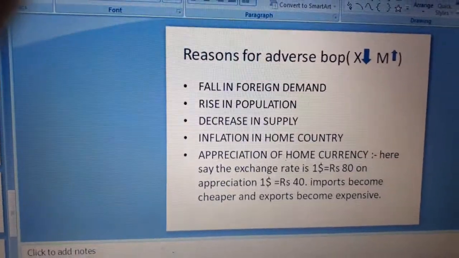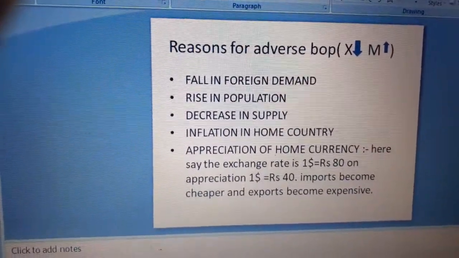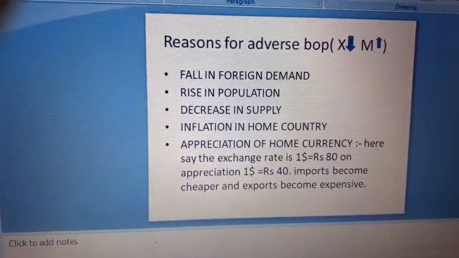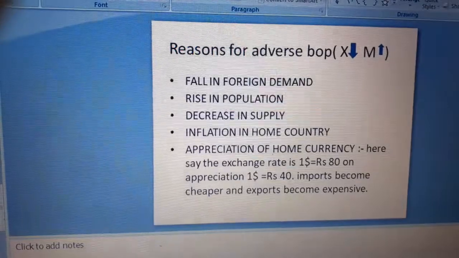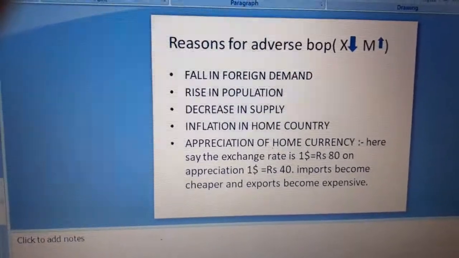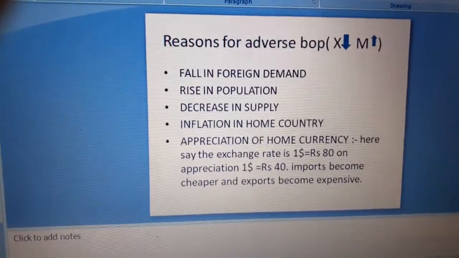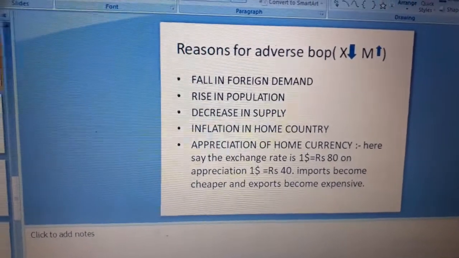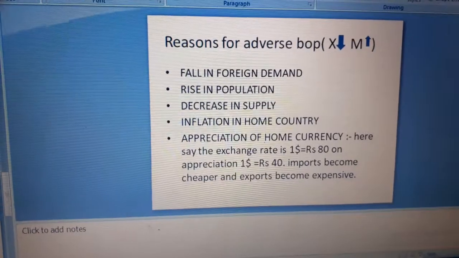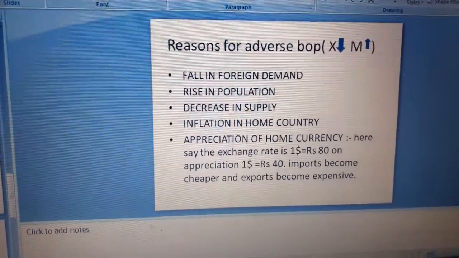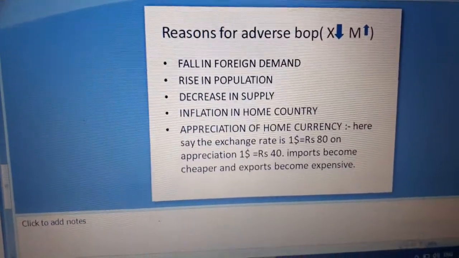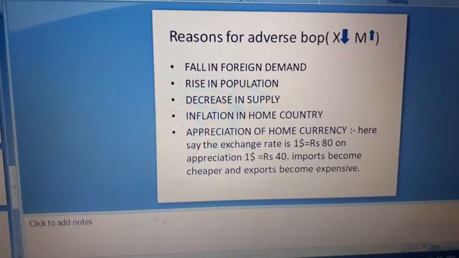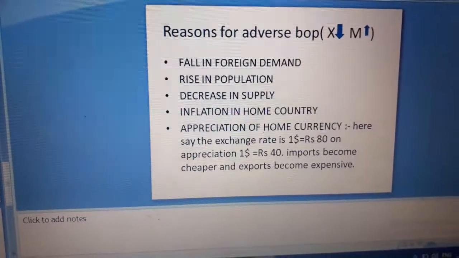So you will find that the price of the rupee is going up in terms of the foreign currency. There is a rise in the value of the home currency in terms of foreign currency, right? So if you were importing something for $1 earlier, you had to pay 80 rupees. And now if the price is still $1, you only have to pay 40 rupees.